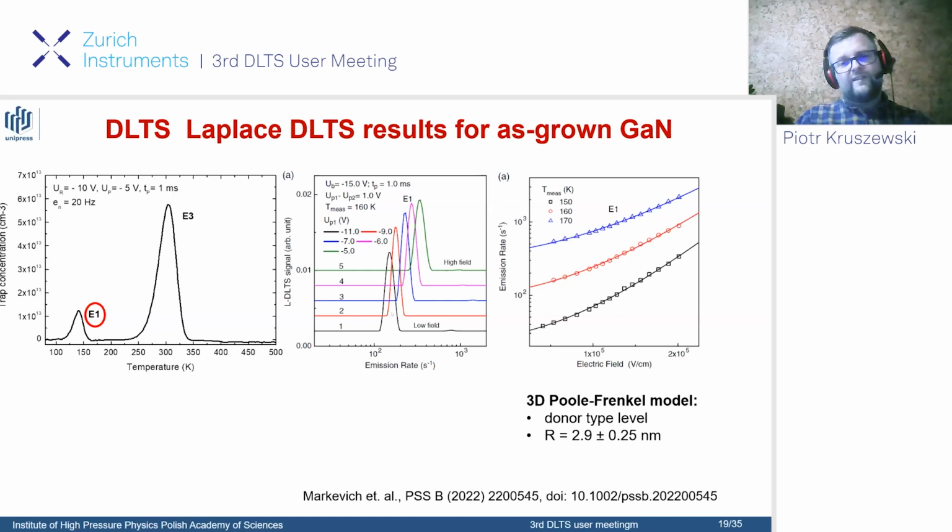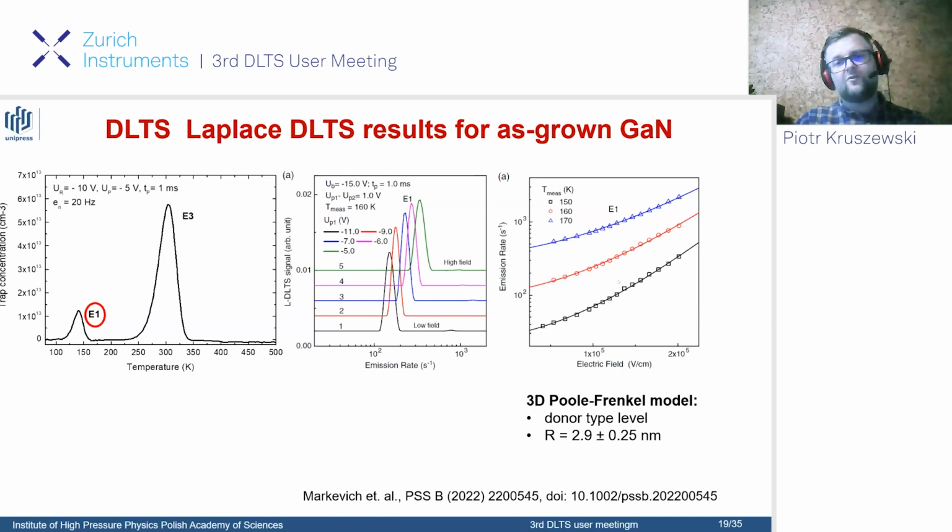So you can see here very easily that if a low electric field is applied, the emission rate is around 150, let's say. But if we have experimental conditions where a high electric field is applied, or traps feel the higher electric field, this emission rate increases and the peak shifts to higher emission rates.